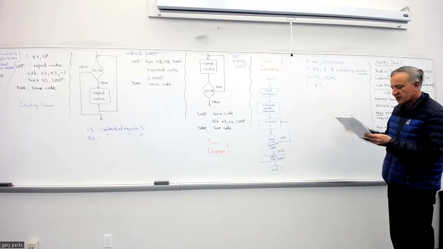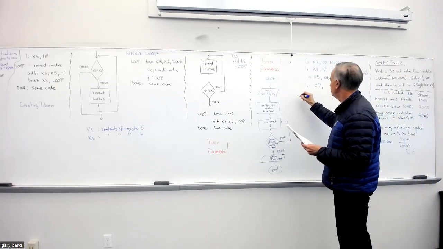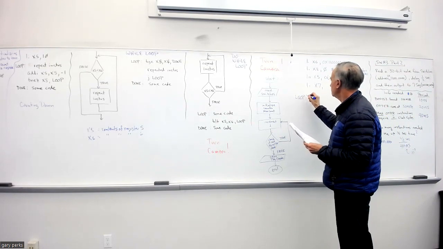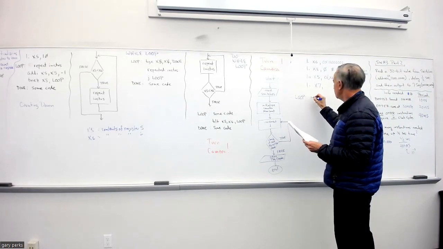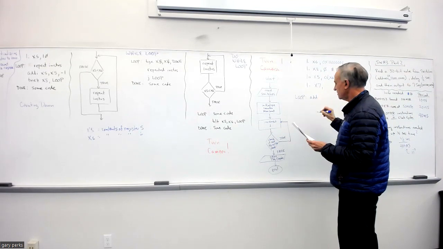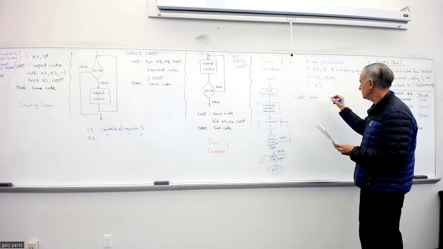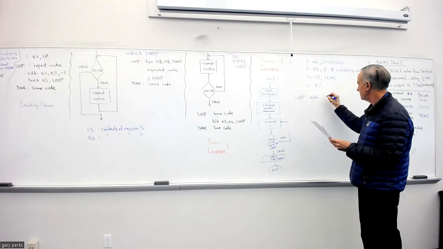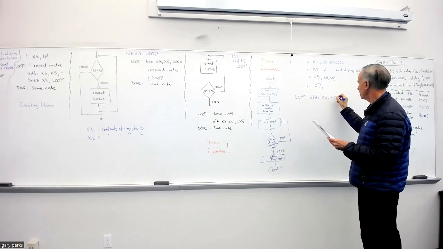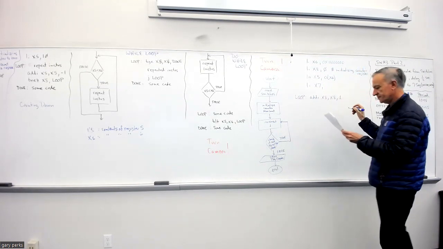Okay, so now we're going to go into our loop. Here's my label loop. And the first instruction in the repeated part of the loop is an add I, where I'm incrementing the counter.